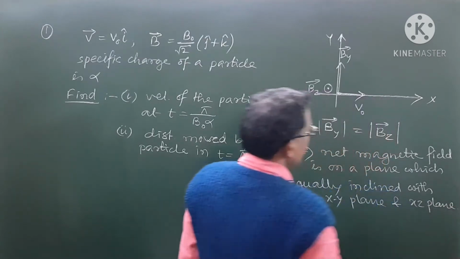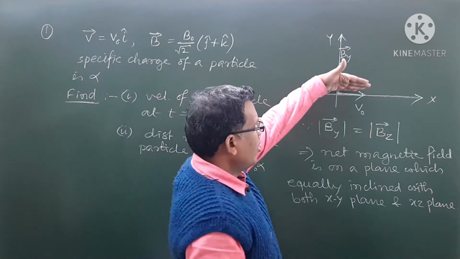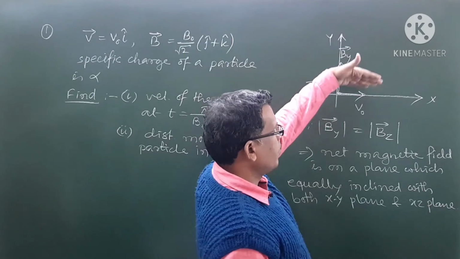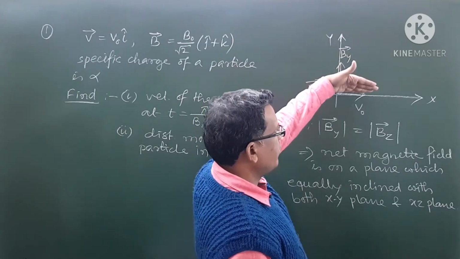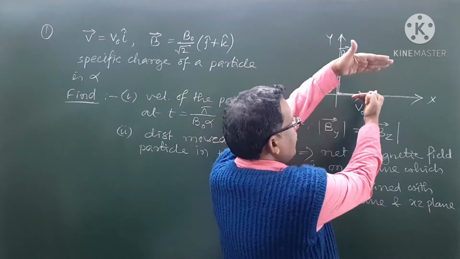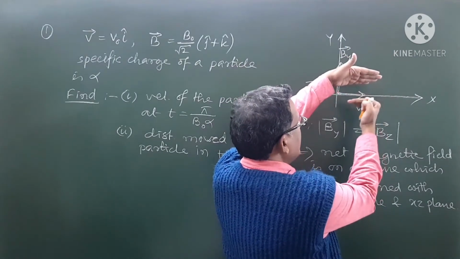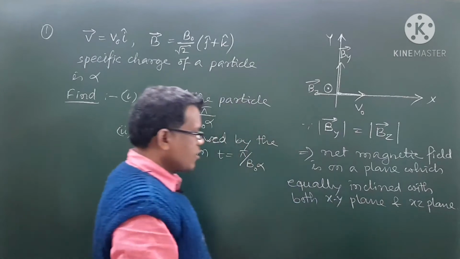So the net magnetic field will lie on a plane like this. This will be the plane with the magnetic field and velocity vector. So this plane is making 45 degrees with the xz plane as well as with the xy plane.